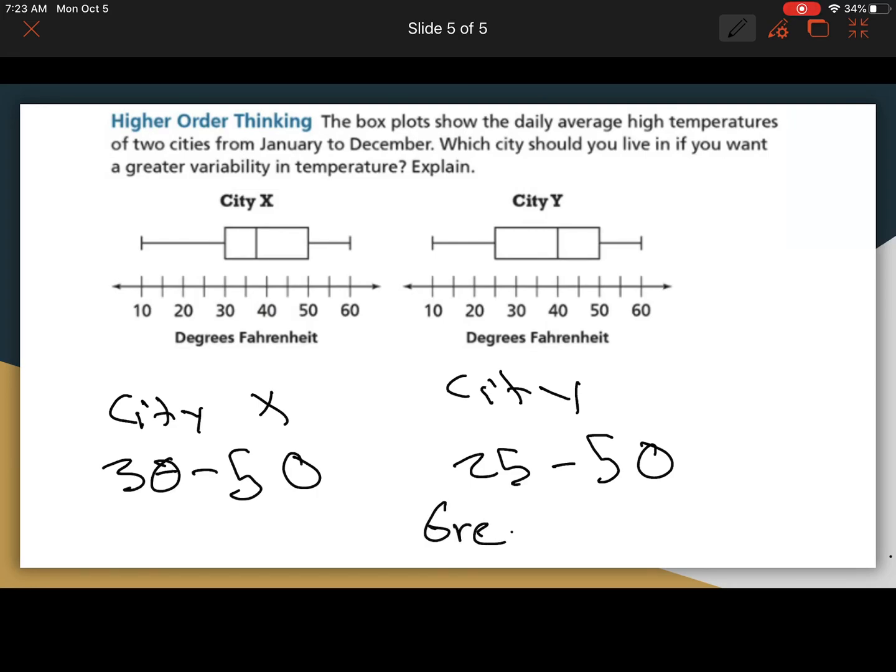So city Y has a larger, or greater, variation because its upper and lower quartiles, this edge of this box and this edge of this box, are further apart. So if we want to live in a city with greater variability in temperature, we'd want to live in city Y.